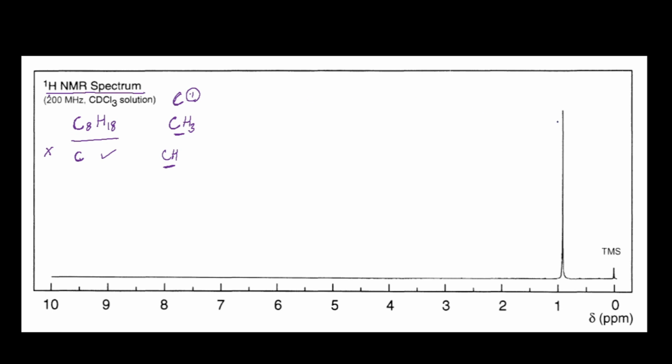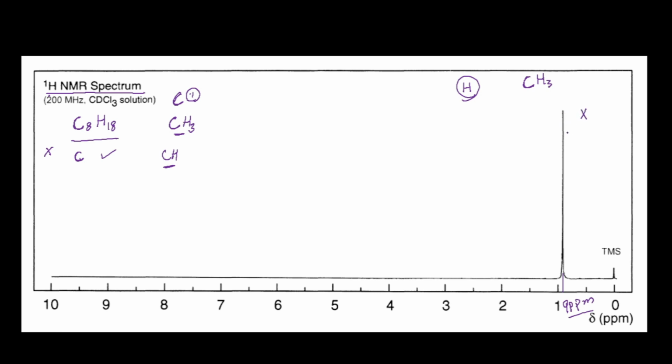First of all, we will see the peak. As a single peak is present, it means that only one kind of proton is present in our spectrum. Now we will look at the chemical shift value. The chemical shift value is almost in the range of 9 ppm. It means that our structure has methyl groups. A single peak is present, so one kind of proton is present, and also there is no splitting pattern.